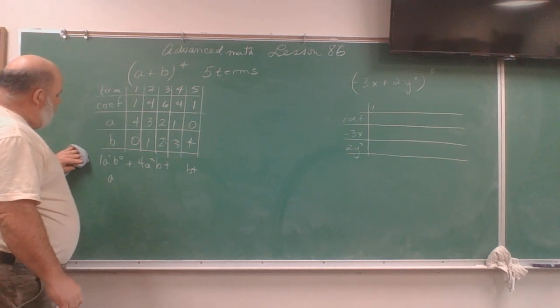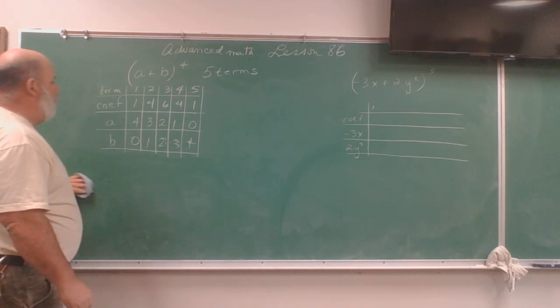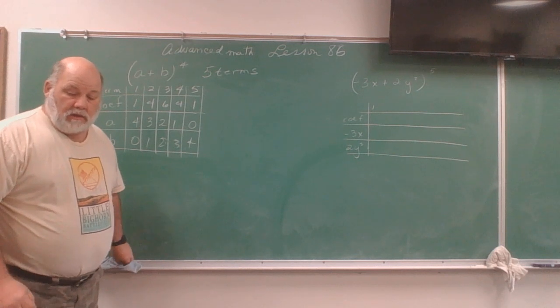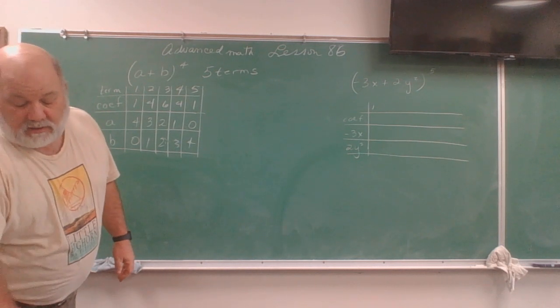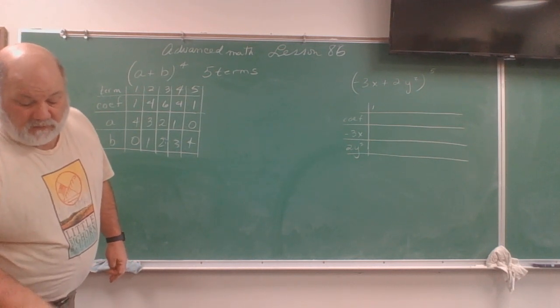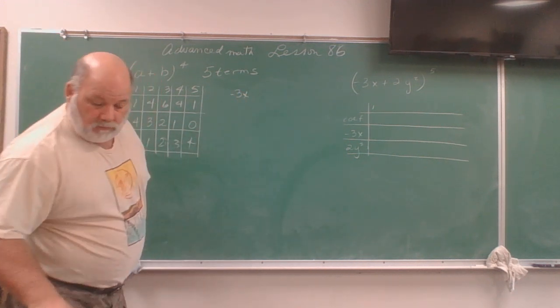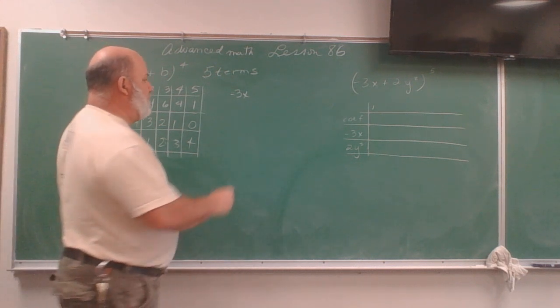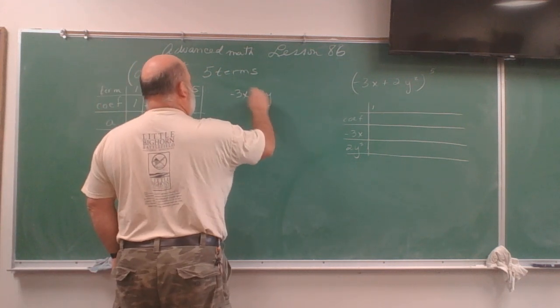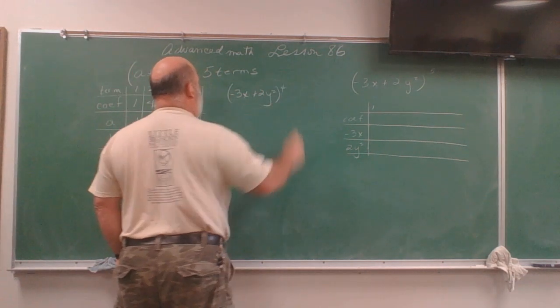But the book gives us some harder problems. They say, go find, what is the first one? The fourth term of (negative 3x plus 2y squared) to the fourth power.